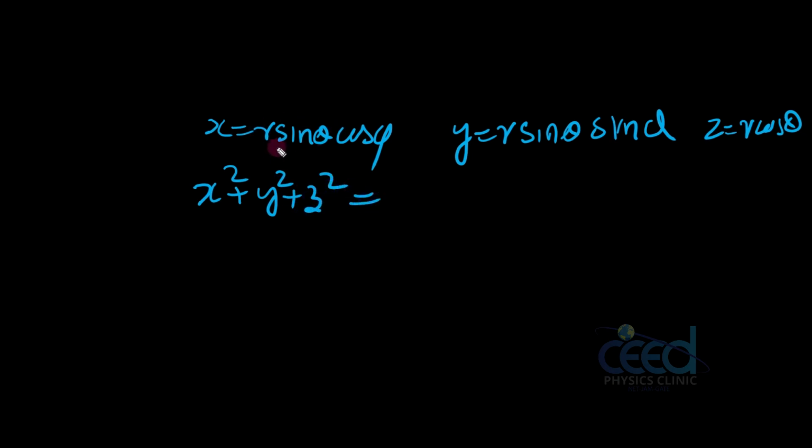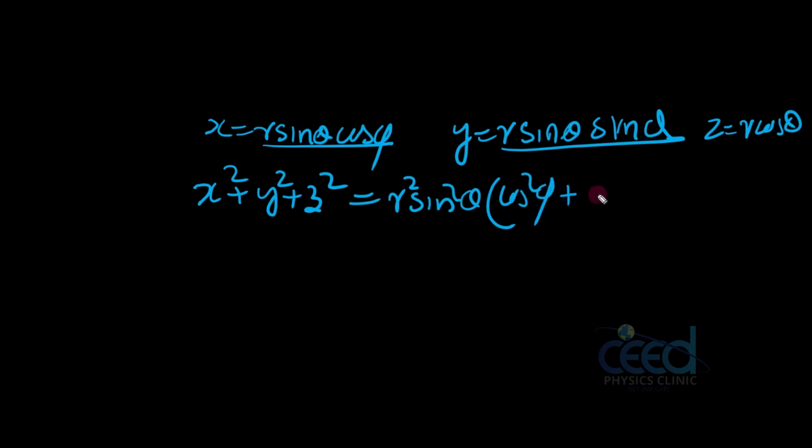If you square this and this, r square sin square theta is constant. So r square sin square theta into cos square phi plus sin square phi, and we have to square this also, r square cos square theta.